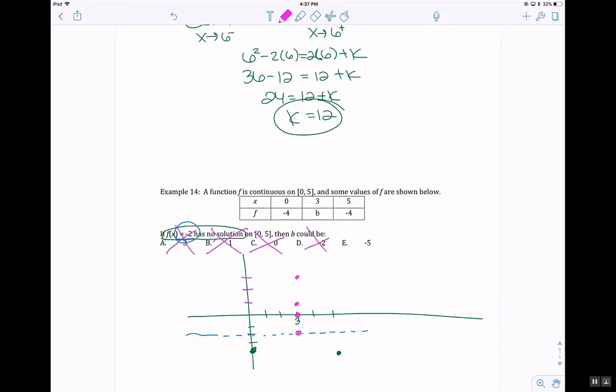So that's 1 spot. So it has to be at negative 5 for the function equal to negative 2 to have no solution. Okay. Which means how many times does it cross the line x equals negative 2? No times. And that is it for this lesson.